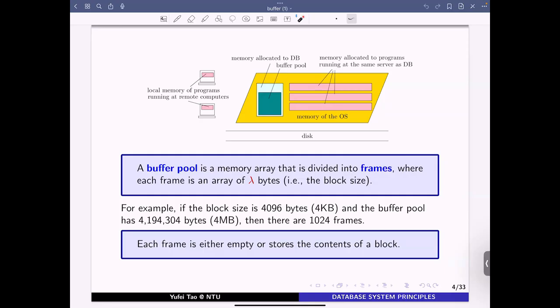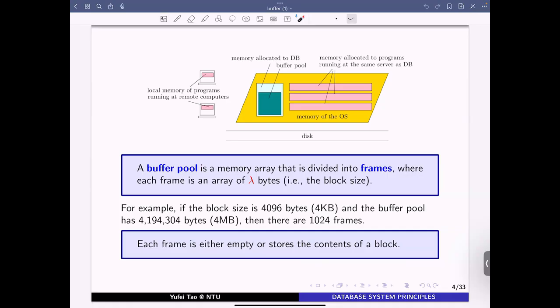Now let's talk about one particular frame. Every frame is either empty, which means it's not being used, or it stores the contents of a block. As I said, this is reserved strictly for the purpose of retaining blocks. You don't use frames for other purposes. So either you don't use it, or when the database system uses it, it's always used to store the contents of a block.